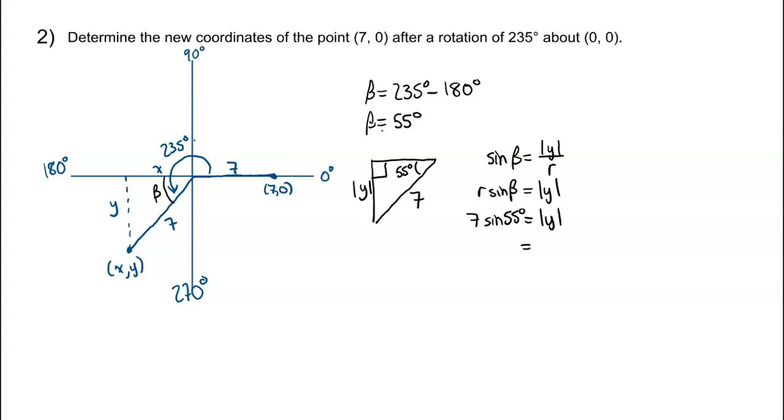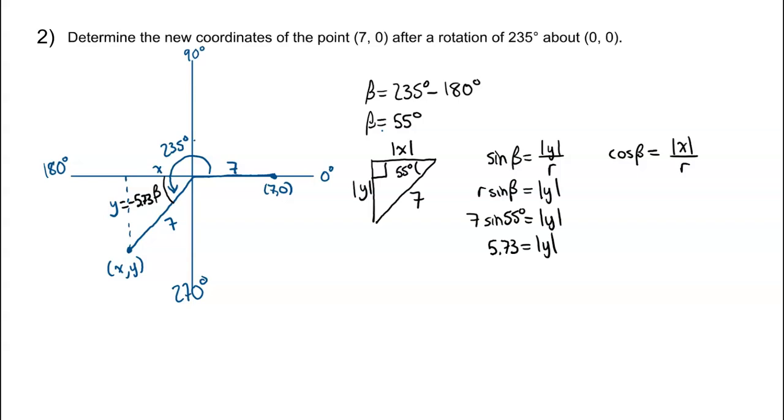That tells me the magnitude of y is 5.73. Going back to our picture on the left, we know that's a negative value, so it's negative 5.73.